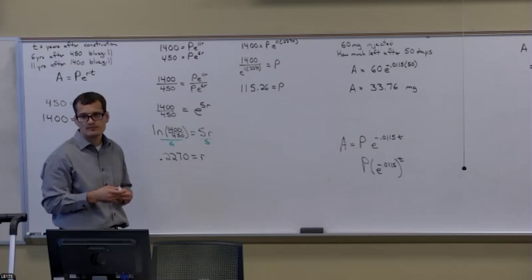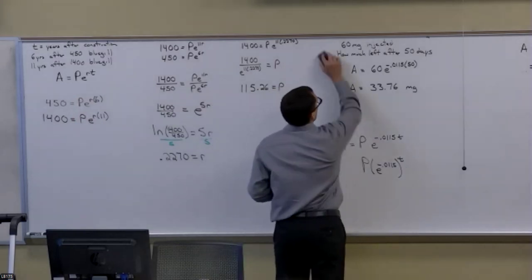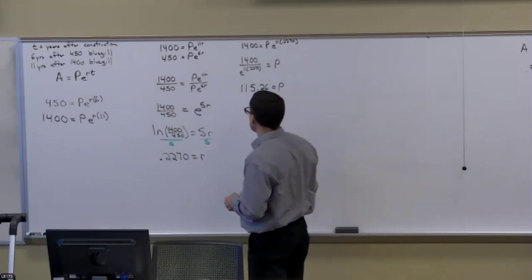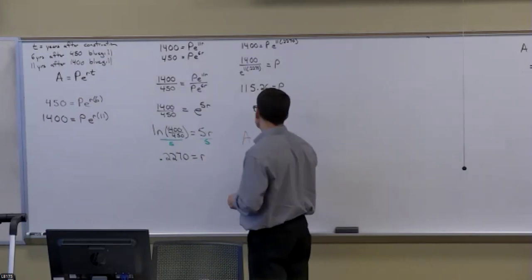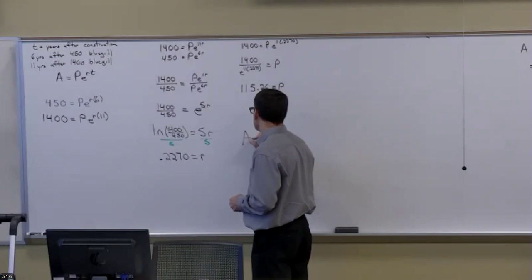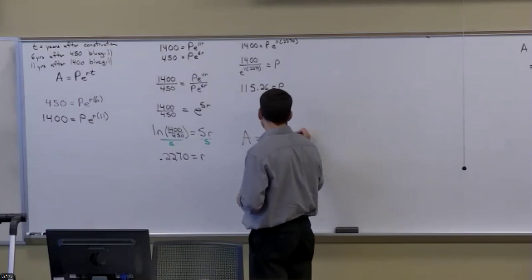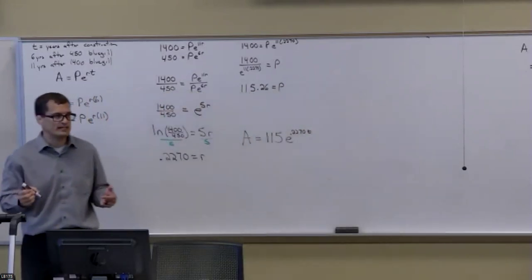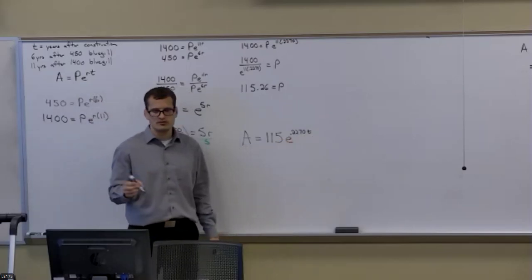Those are the typical. Does that make sense? Let's say we were rounding the coefficient, the P, to a whole number and the rate to 4 decimal places. Then I know I have the equation A equals 115 times e raised to the 0.2270 times T as the equation that gives me the amount of bluegill in the pond T years after it was constructed.